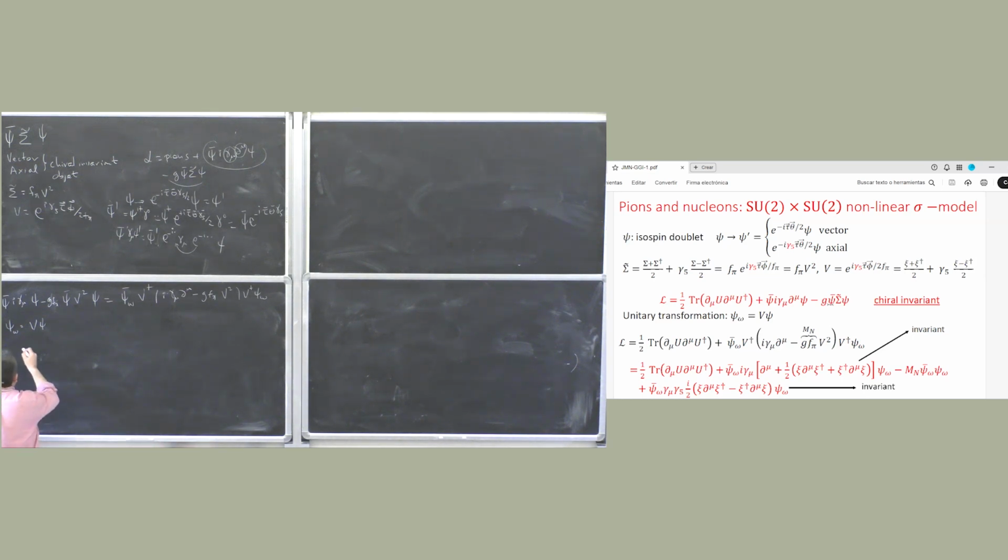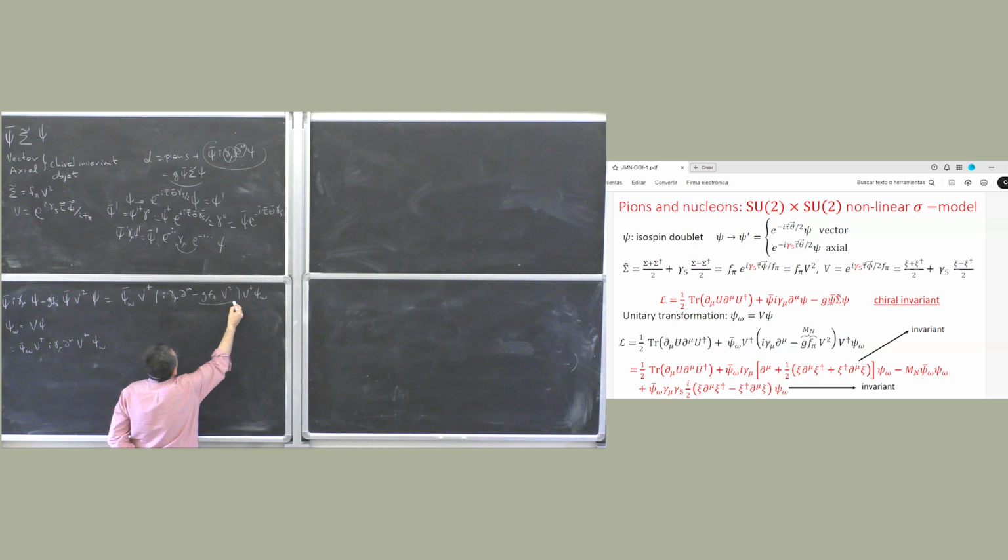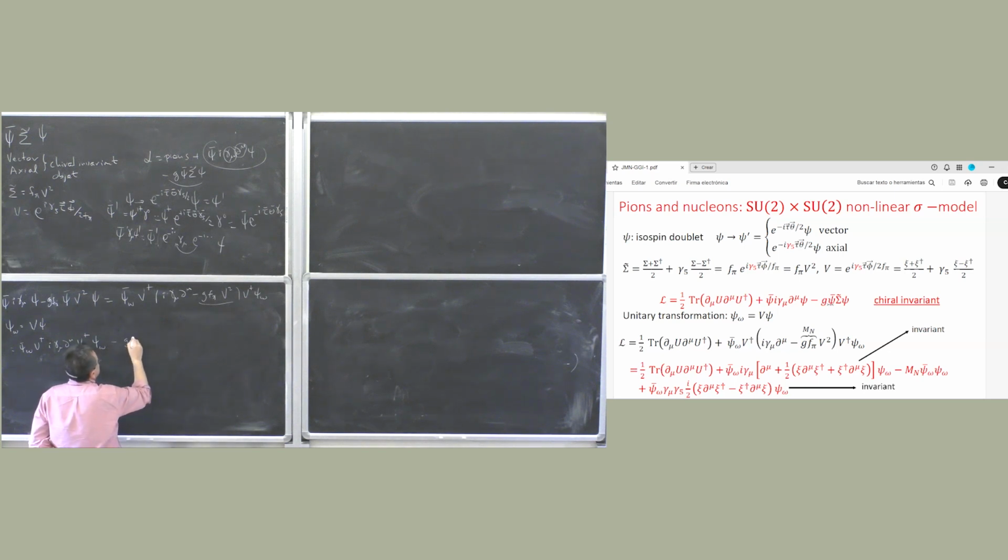So if I continue, what I have is psi bar omega V dagger i gamma mu d mu V dagger psi omega, and this is very easy now, right?